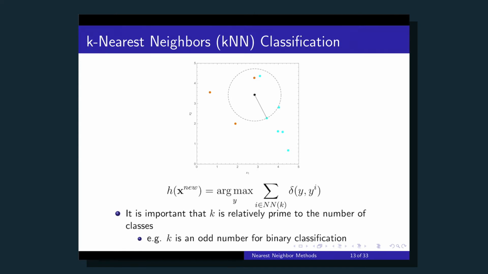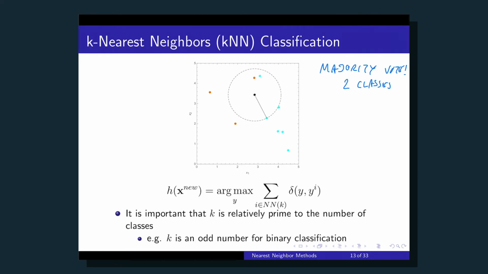If I pick orange, it's only 1 agreement. If I pick cyan, it's two agreements. So cyan is the right class for this point. This is what we would call a majority vote. And notice that the majority vote only works if you have 2 classes.